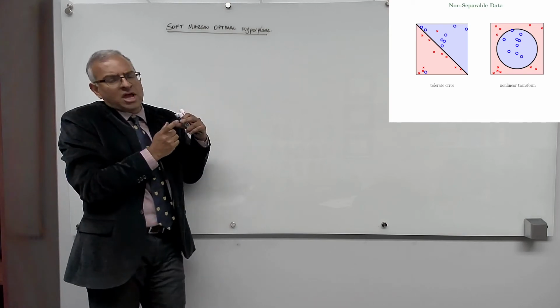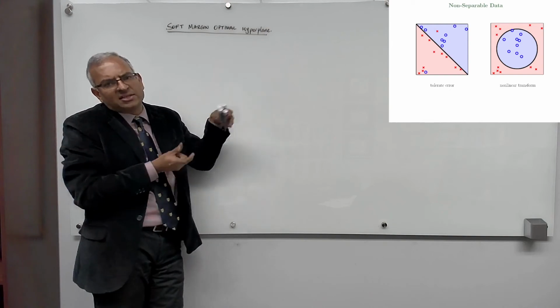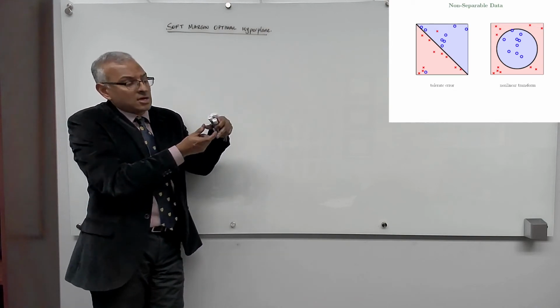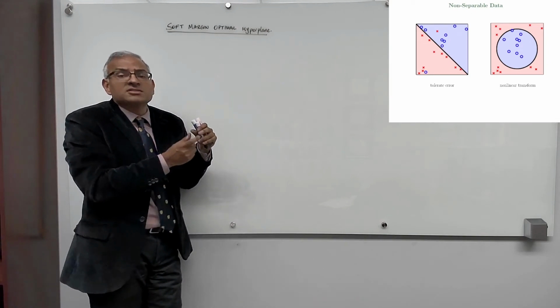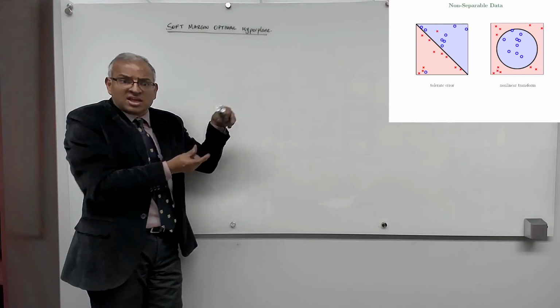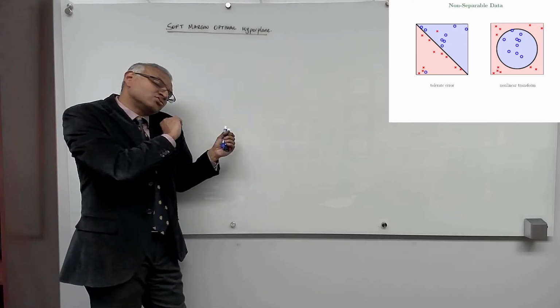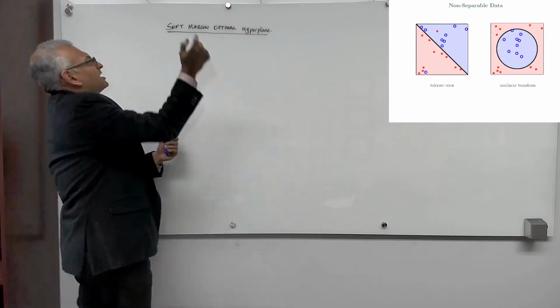So you think you've got your hyperplane, it's got a thickness, and you try to separate the data with a fat hyperplane. It's hard margin because you have to separate the data modulo that thickness. Now, if the data is not separable, you can't separate with the thick hyperplane, let alone with a thin hyperplane. So you have to allow the data in some sense to penetrate that thickness, that margin. And so that's what makes the margin soft.